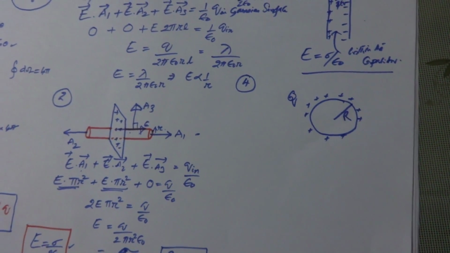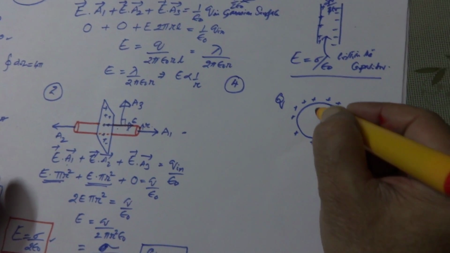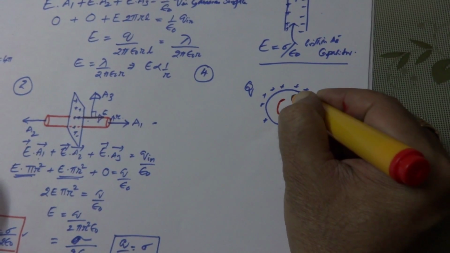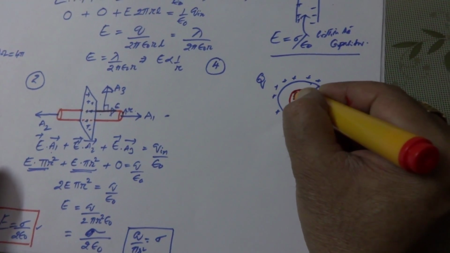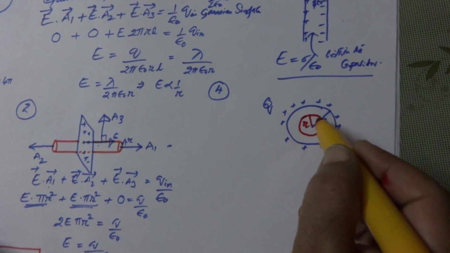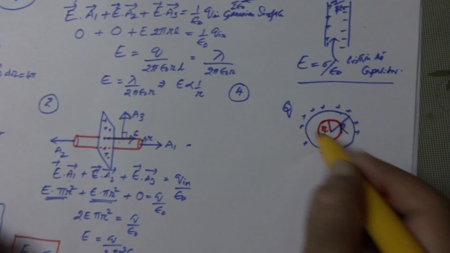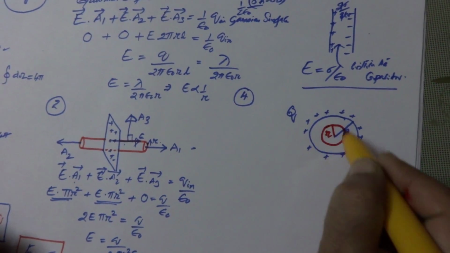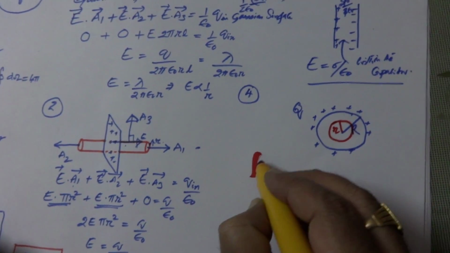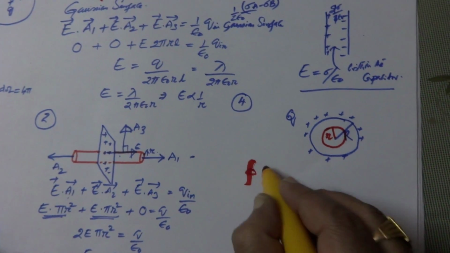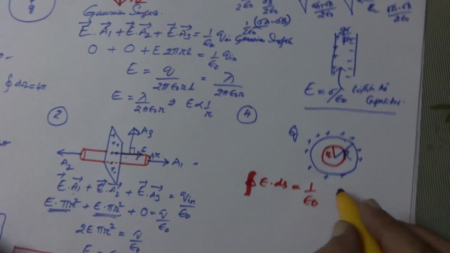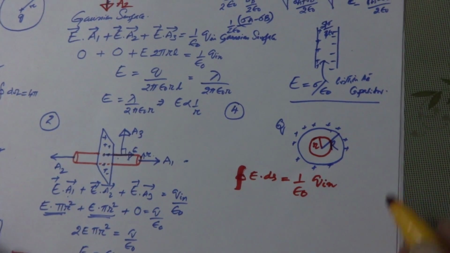First, let's talk about inside, at small r. We know that wherever our point of interest is, we have to imagine a Gaussian surface there. So we have imagined a Gaussian sphere. According to Gauss law, the integral of E dot dS is always equal to 1 by epsilon naught times Q in.